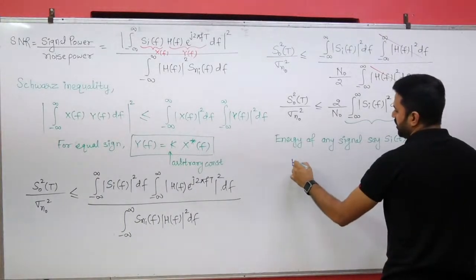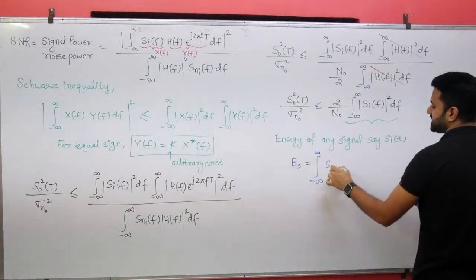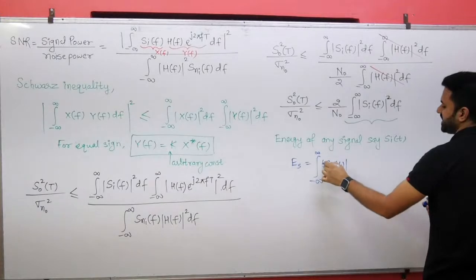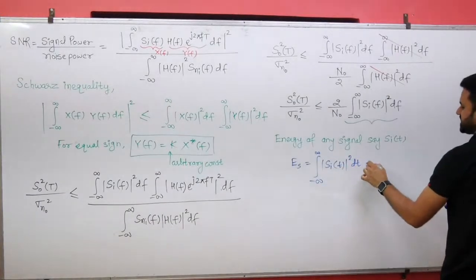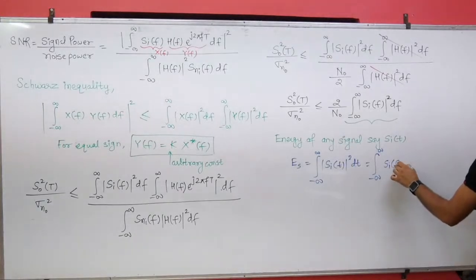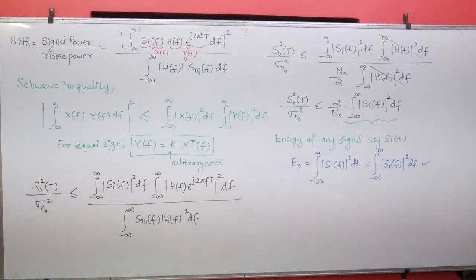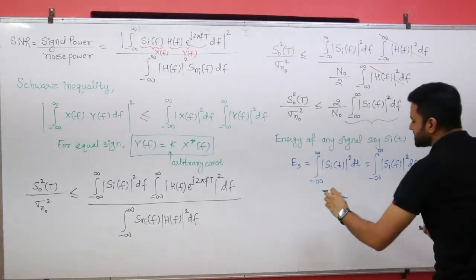The energy of Si is obtained by integrating Si of t squared from minus infinity to infinity, or using Parseval's theorem, you can write it as the integral of Si of f mod square df. You can calculate the energy by this. So this term can be written as the energy of the signal.